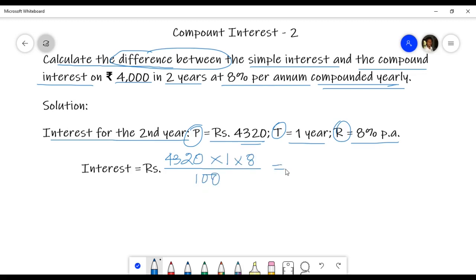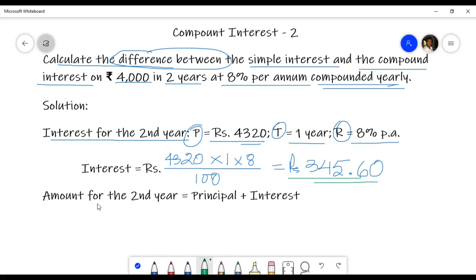So after we evaluate 4320 into 1 into 8 by 100, we will get the interest for the second year as rupees 345 and 60 paise.